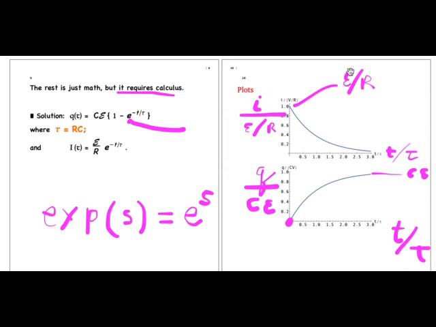And the amount of current will be the voltage difference divided by the resistance. Then it decays exponentially, eventually to 0. So here's 0. So it decays exponentially as the voltage on the capacitor increases exponentially.